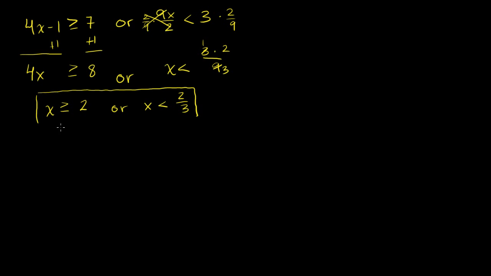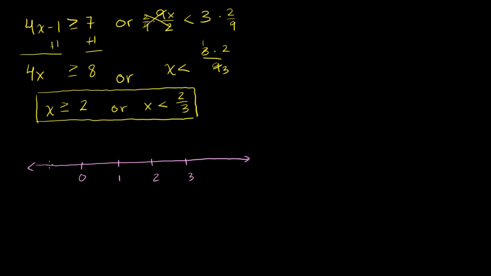So this is interesting. Let me plot the solution set on the number line. So that is our number line. Maybe this is 0, this is 1, this is 2, 3, maybe that is negative 1. So x can be greater than or equal to 2. Let me do it in another color.